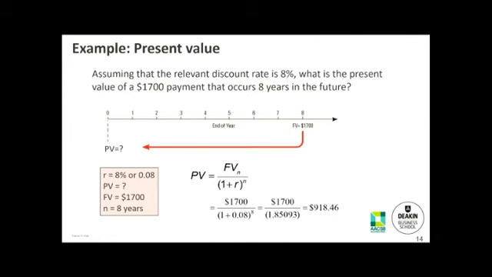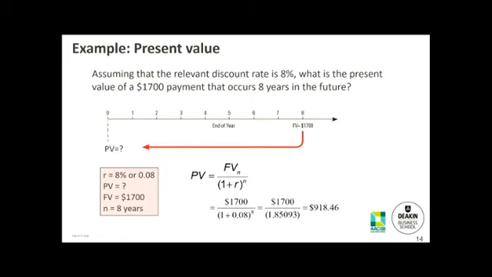How do we work it out? We discount the future value back to today by discounting this $1,700 for 8 years. So the present value of this $1,700 will be 1,700 divided by 1 plus the interest rate to the power of how many years? 8. Are you able to work it out?